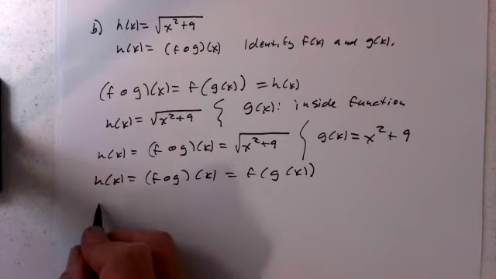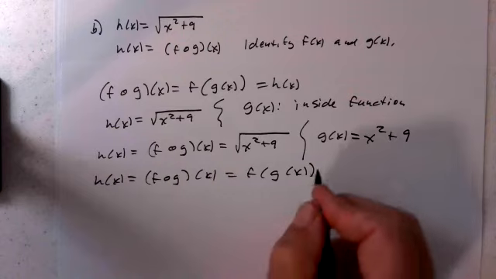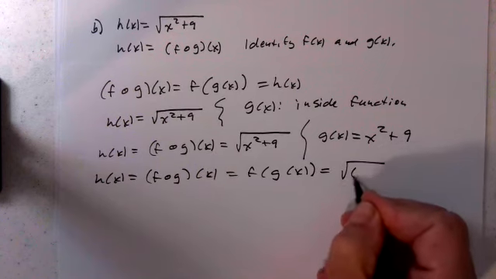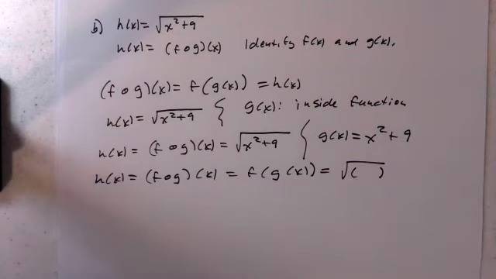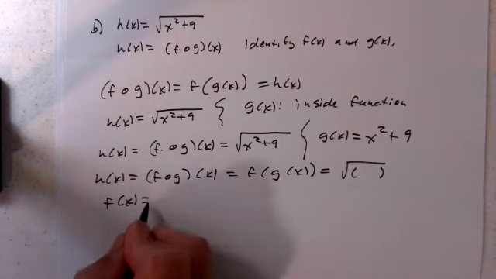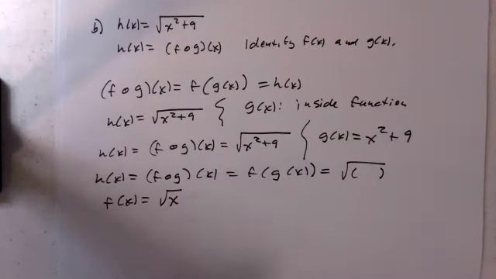Well, then I have h of x, f of g of x is what? Is h of x, which is the square root of, removing the g of x, because that's just going to be something. So what does that tell me? That tells me what f of x is. F of x is going to be the square root of something. F of x is simply going to be the square root of x. That is our outside function.